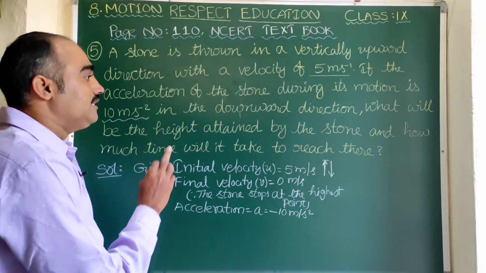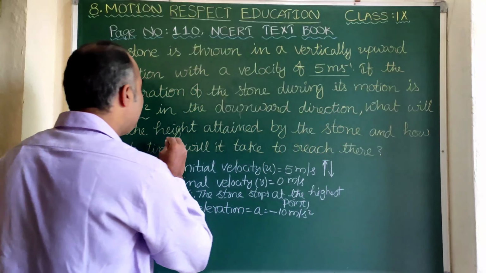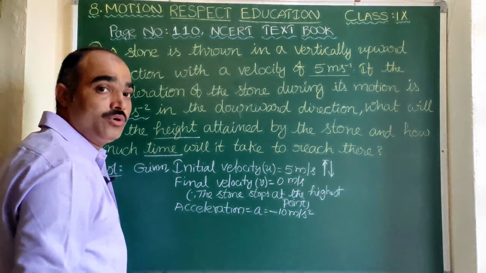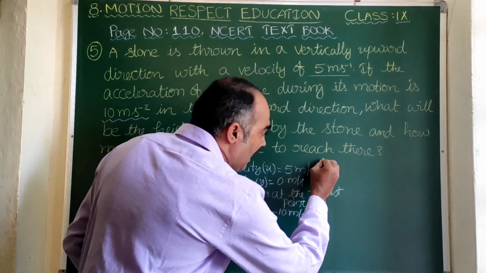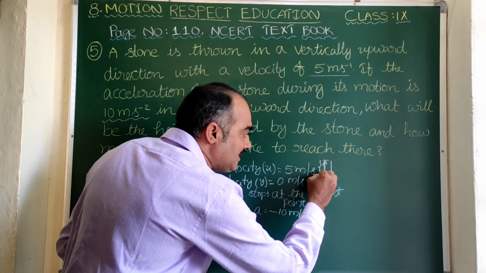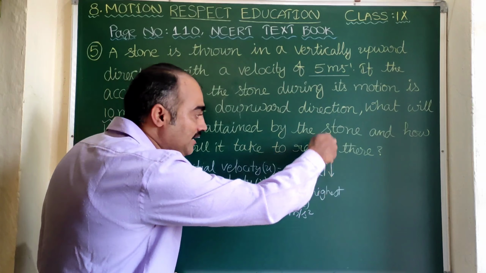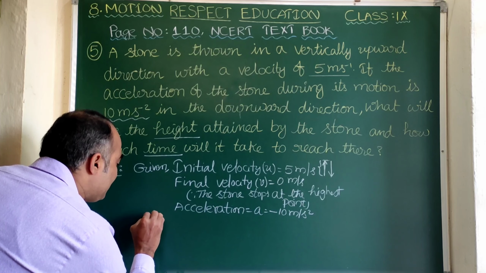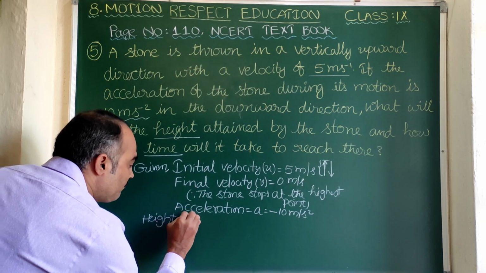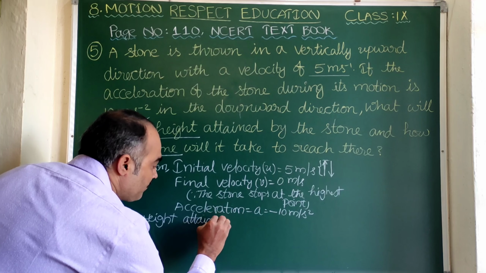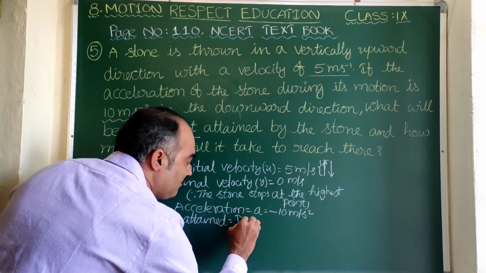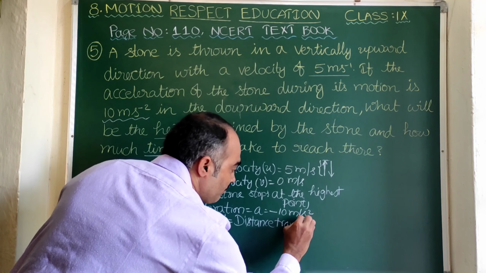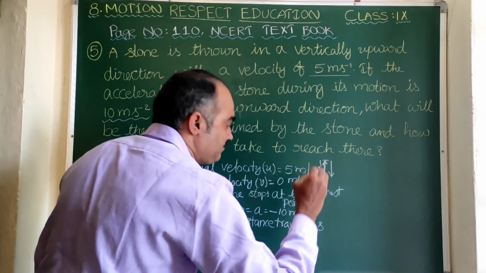Now there are two questions: what will be the height attained, and how much time. Two things we need to find. Here you see height attained is nothing but the distance traveled. So here we need to find height attained, which can also be taken as distance traveled, that is s.